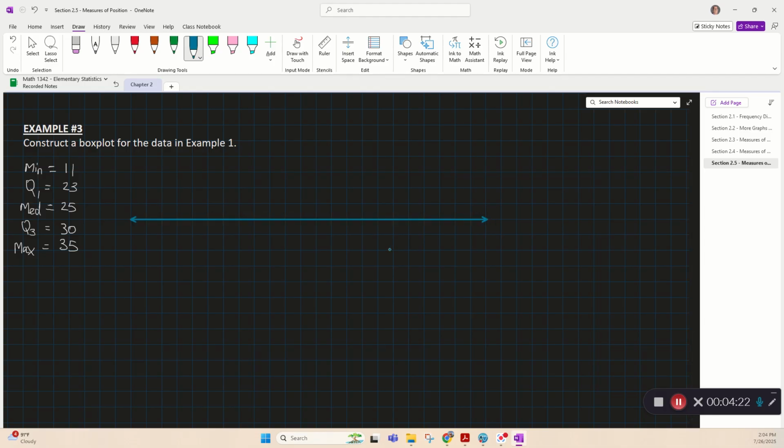I think my axis is going to be long enough. I need to go from 11 to 35, so maybe I do 10 to 40? Let's see. Make this 10. Okay, so 10 to 40, that's 30.